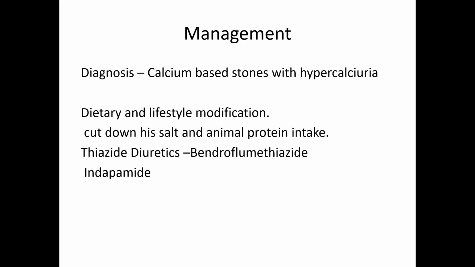In a hypercalciuria patient, we ask to modify diet, increase the fluid intake, and cut down some salt and protein. Then we can use a thiazide diuretic. What we usually do is give bendroflumethiazide. That thiazide diuretic reduces the calcium excretion, but some clinicians use indapamide.